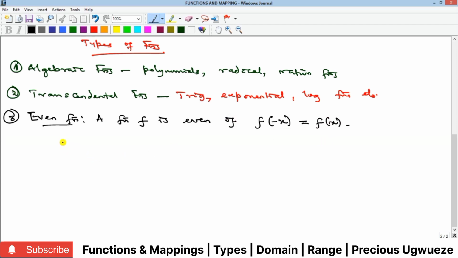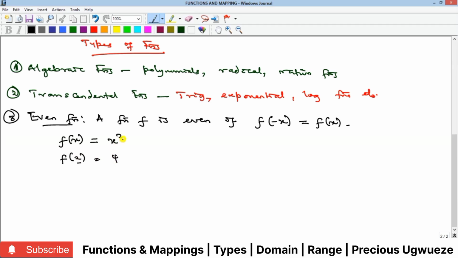For instance, if I have f of x equal to x squared, this is a function. If I put a value for x, I get something. If I let x be 2, the value of my function is 4. So my x is 2, and my y, which is f of x, is equal to 4.